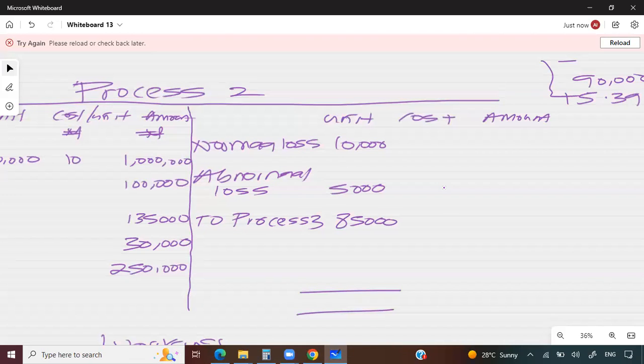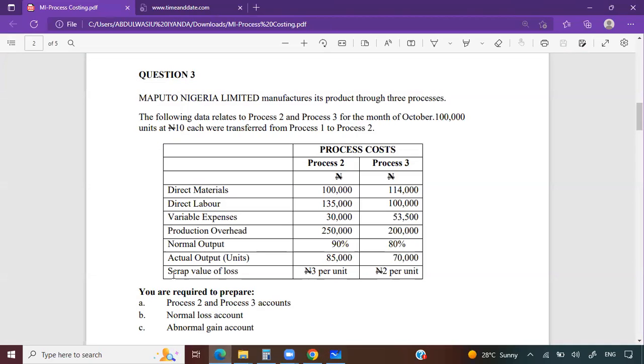If you remember, I explained this. It will now turn to scrap, so we call it scrap value of 30,000. In the previous question, this information was not given. We don't have that scrap value.